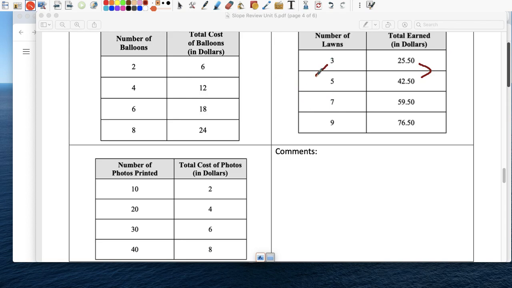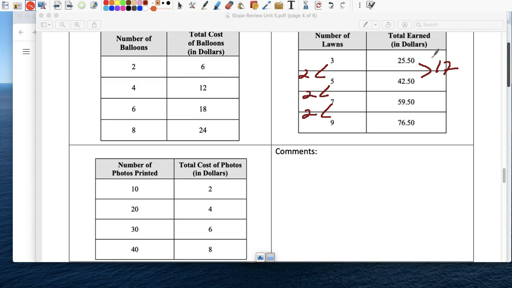So this is plus 2, plus 2, plus 2. And that's going to be 25.50 minus 42.50, 17, right? So this is 17.